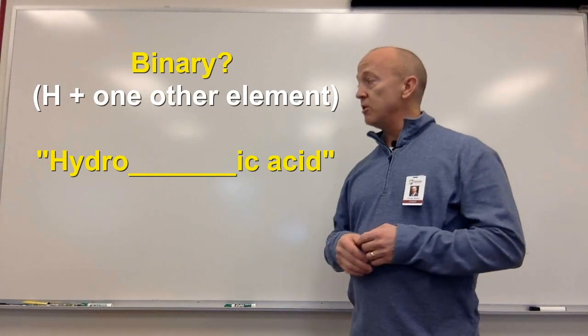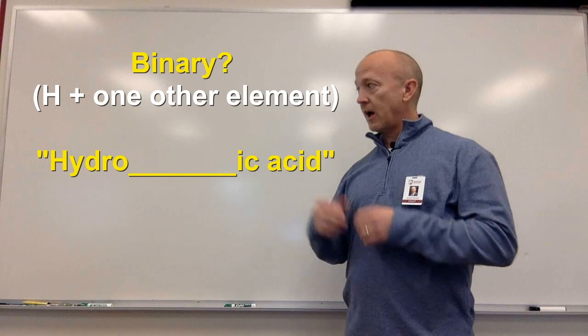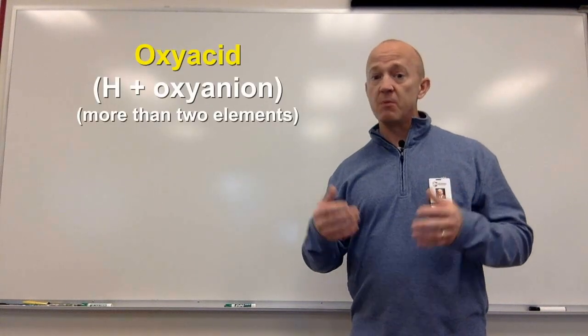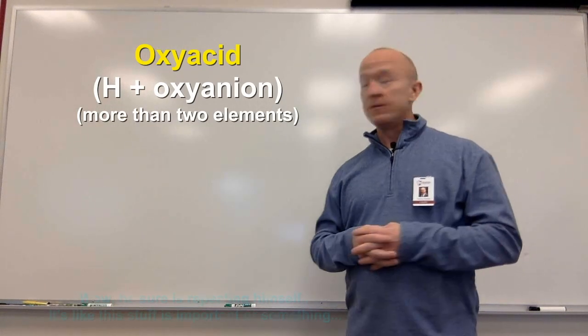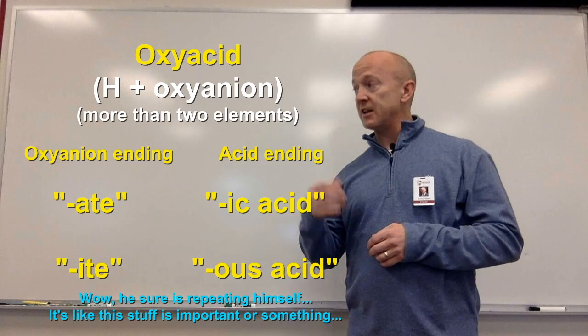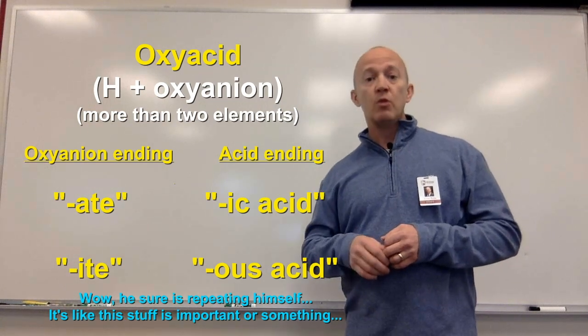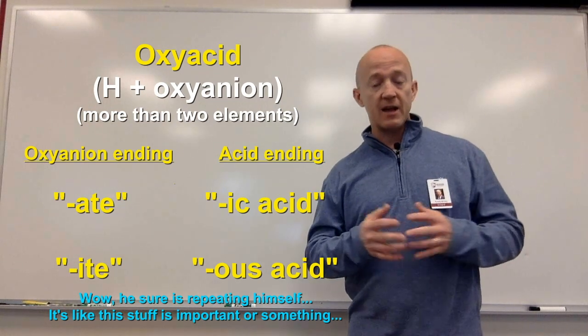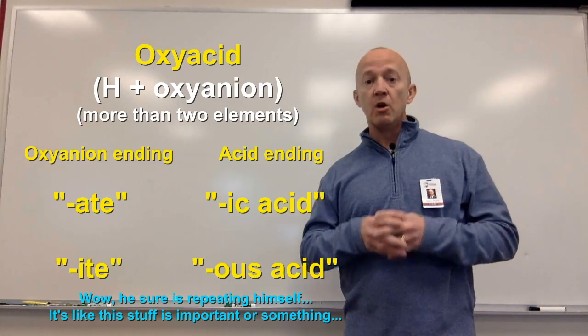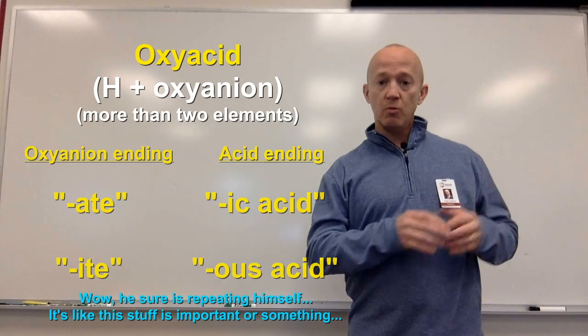If so, then we know we use the prefix hydro, don't we? Hydro something ic acid. If there's oxygen involved, it's most likely an oxy acid. Then we identify the oxyanion that's present. If the oxyanion has an ATE ending in its name, we use the ending IC for the acid name. And if the oxyanion has the ending ITE in its name, we use the acid ending OUS.